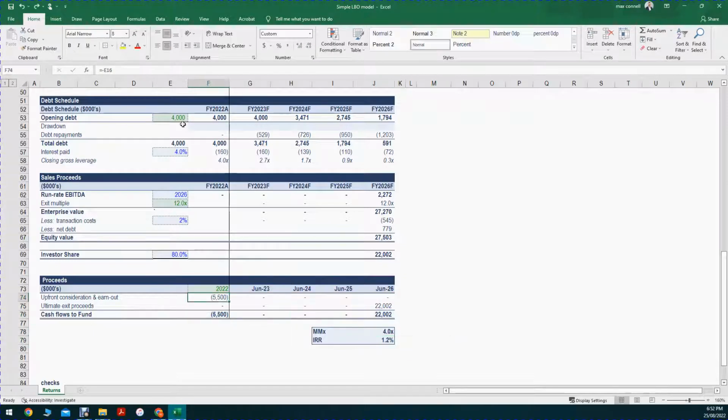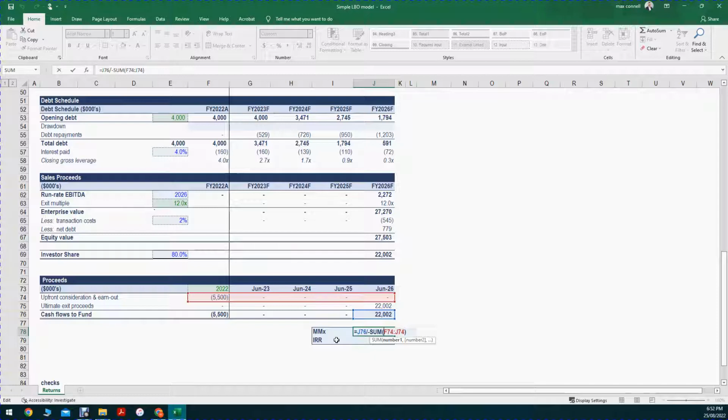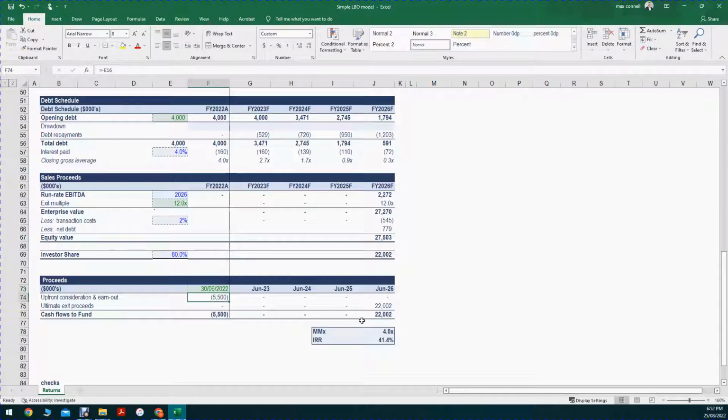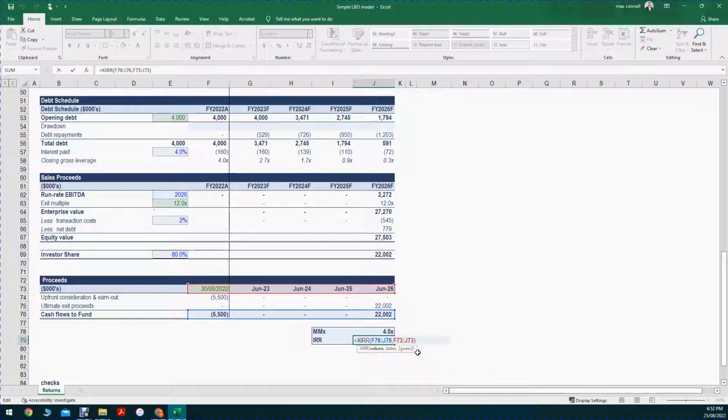Hold on, we just need to correct this because this is a negative for IRR. Oh, sorry, we just need to correct the date. It doesn't recognize it as a date at the moment. IRR at 40%. So this is a really good return on this deal.